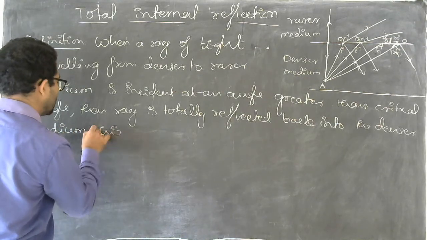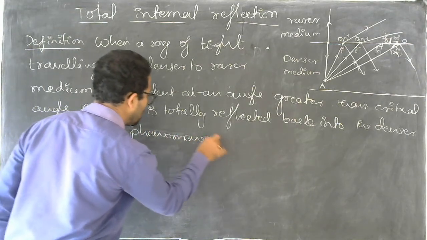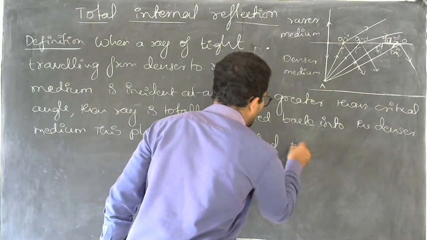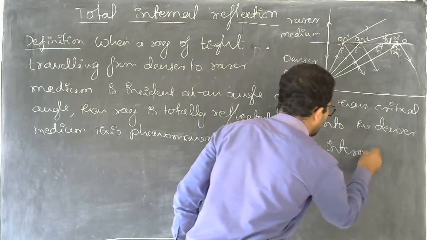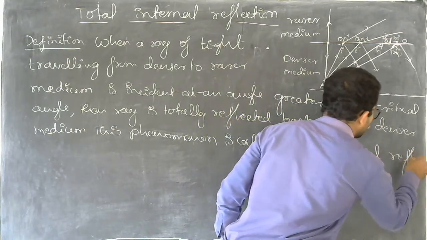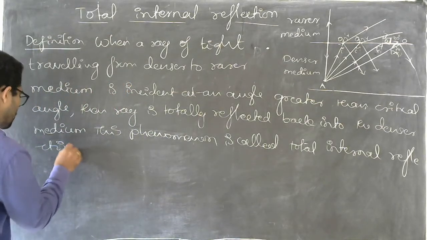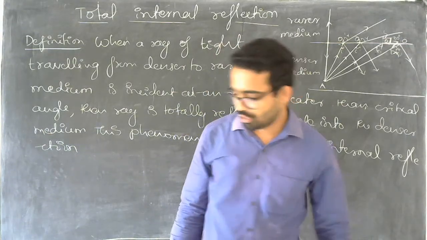This phenomenon is called total internal reflection. So this is the definition for total internal reflection.